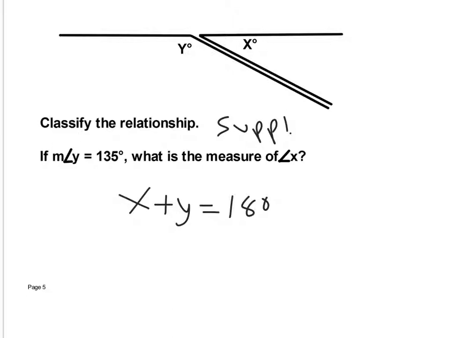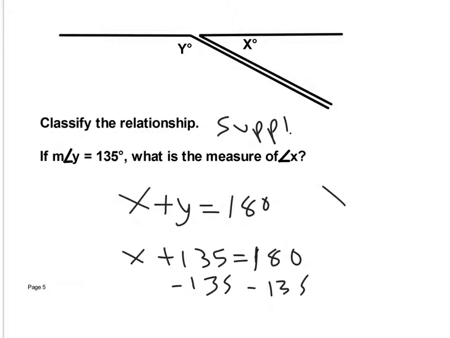I know what Y is because it says the measure of Y is 135 degrees. So X plus 135 equals 180. So I'm going to subtract the 135 from both sides. So X must be 45 degrees.